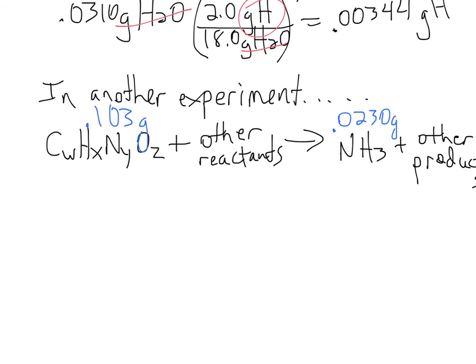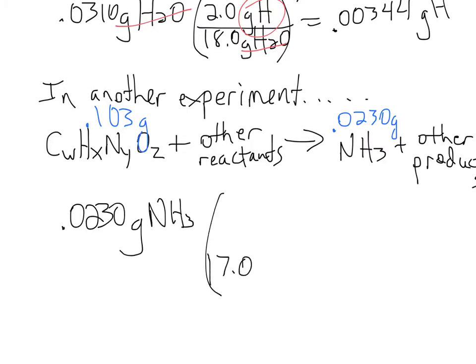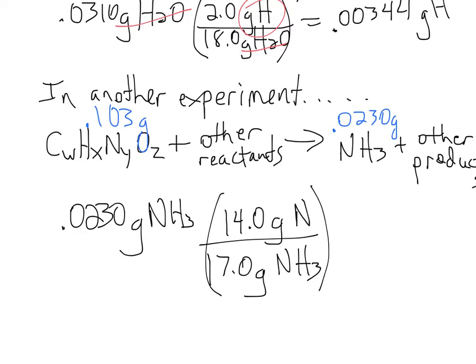Okay, so we'll do a similar calculation that we had done before. 0.023 grams of NH3. We'll find the mass percent of nitrogen within NH3. NH3's molar mass would be found by adding nitrogen's atomic weight plus 3 times hydrogen's atomic weight, so 14 plus 1 plus 1 plus 1. The contribution that nitrogen had to that 17 was 14 grams.